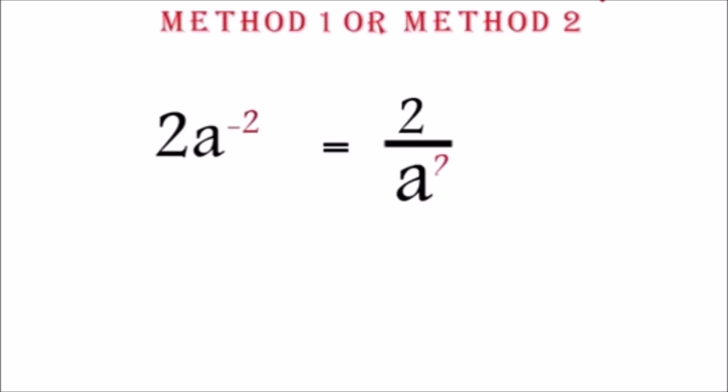We know that negative exponents give fractions. Example, you should be able to recognize that 2a exponent negative 2 is the same as 2 over a exponent 2. We did this in the previous lesson, the second rule of exponents.